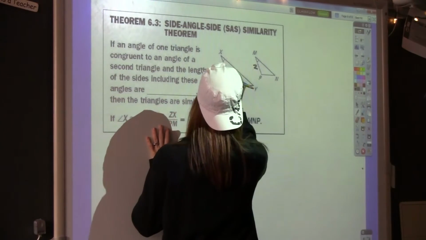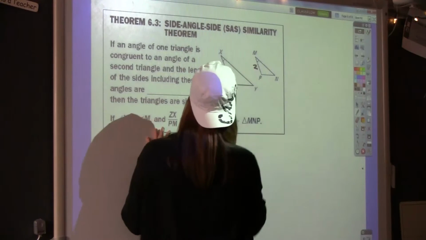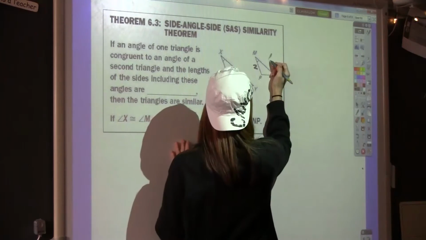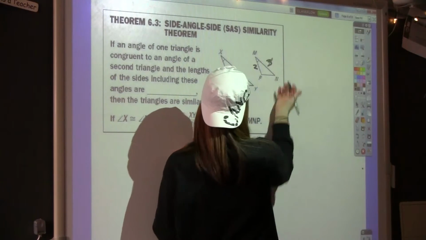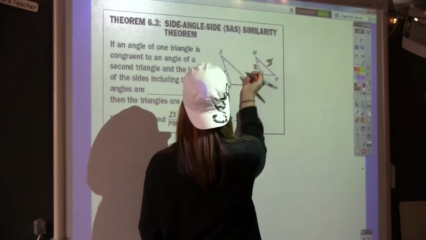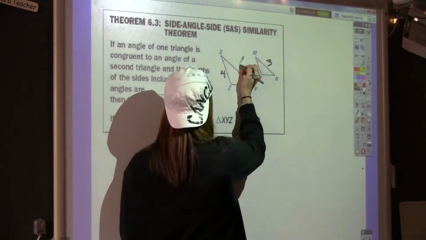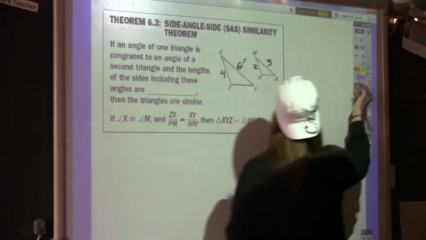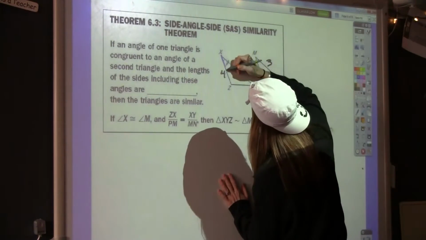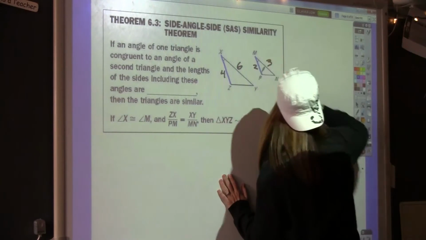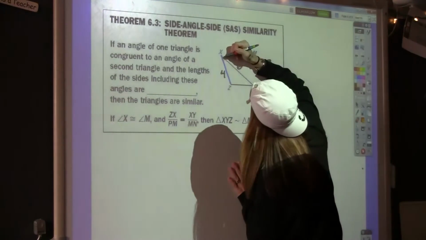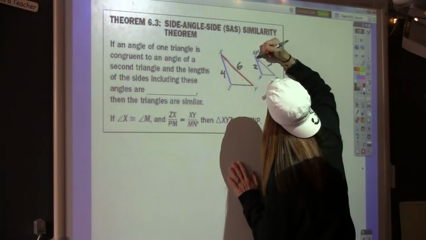I like 2 and 4. And then what do you think this length looks like? Maybe should it be 3? Okay, so if this is 2 to 4, this has to be 3 to 6. So those two sides are proportional. So we have that side is to that side as this side is to this side.